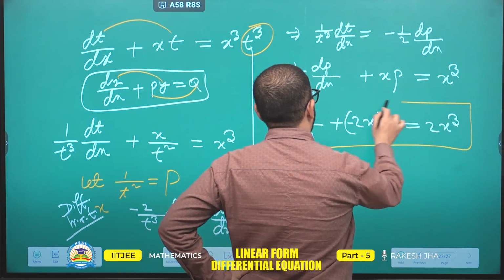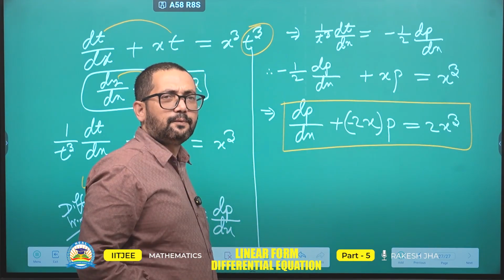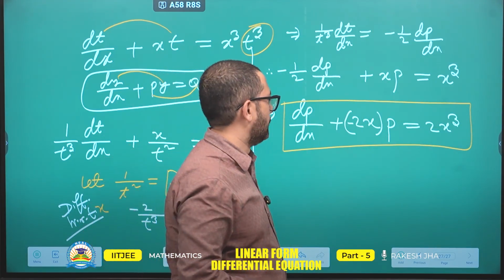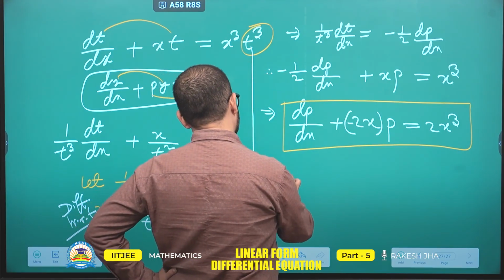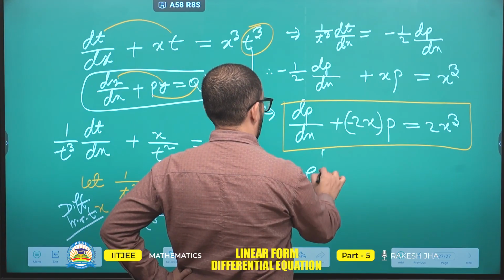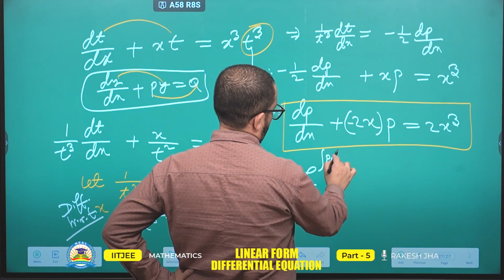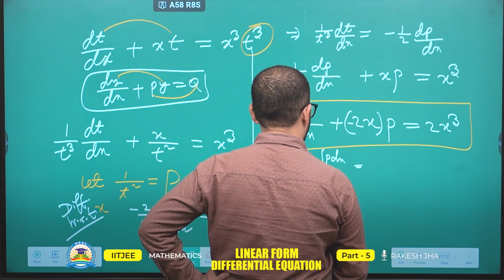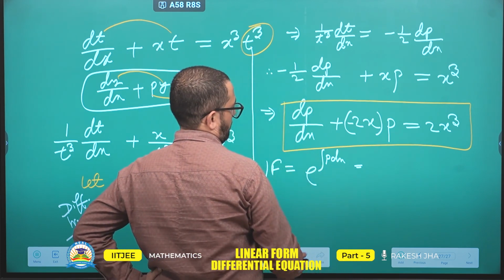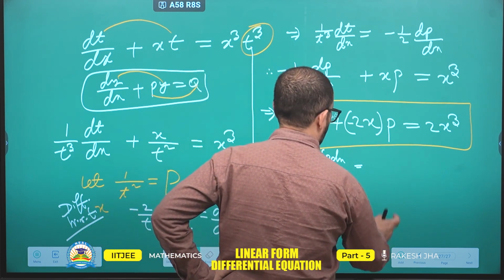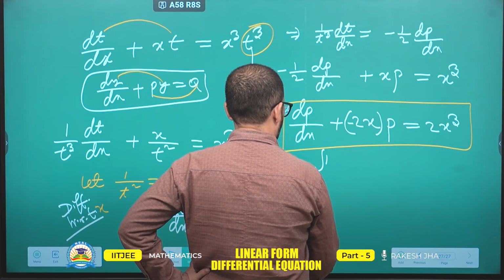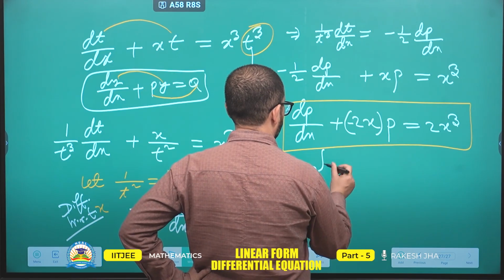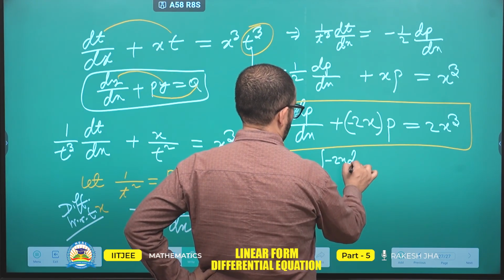This is the differential equation in linear form. So we have to find the integrating factor. It is e raised to the power integral of p dx. So not p here exactly, it would be something different because the same notation can't be there. So we can write directly minus of 2x dx.